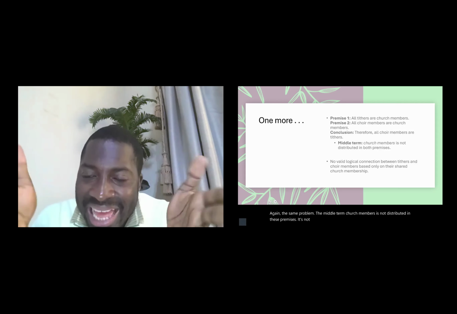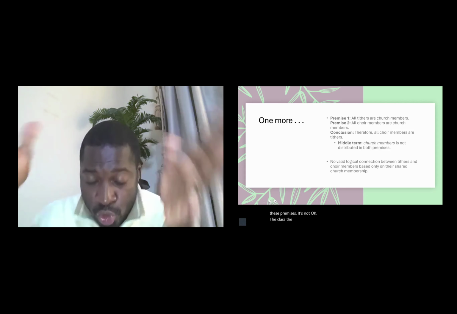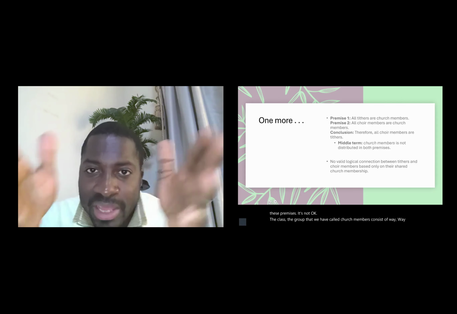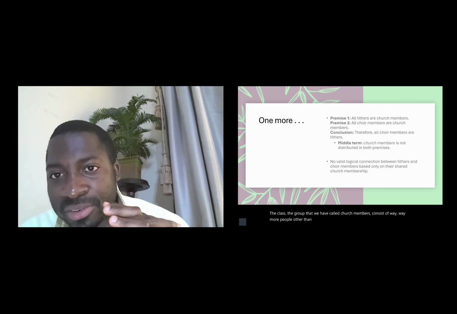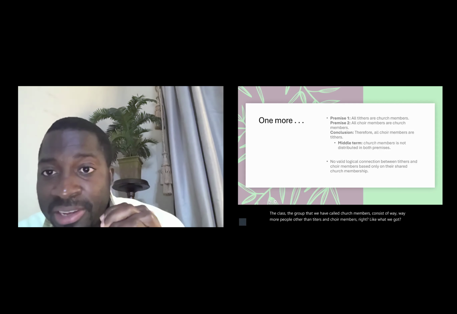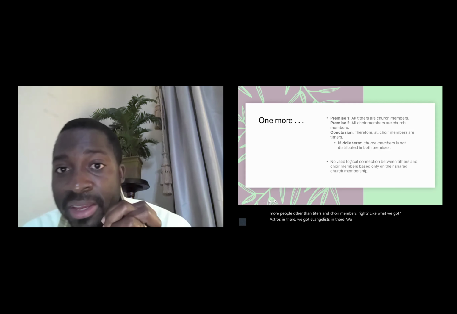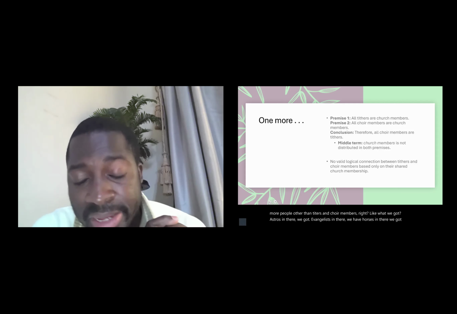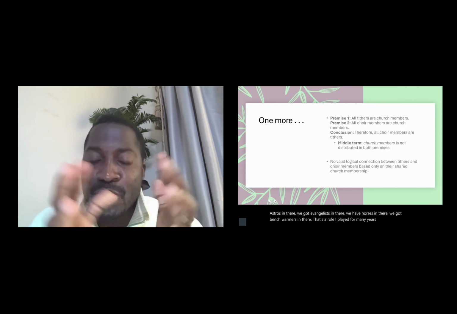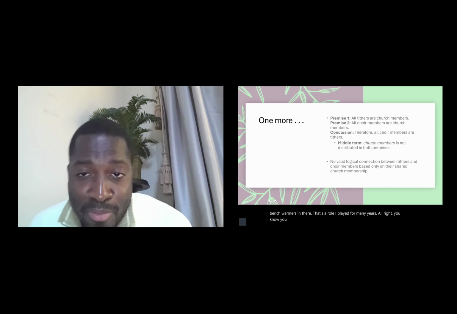The group that we have called church members consists of way, way more people other than tithers and choir members. We've got pastors in there, we've got evangelists in there, we have ushers in there, we've got bench warmers in there. That's a role I played for many years. You've got all sorts of people in there.